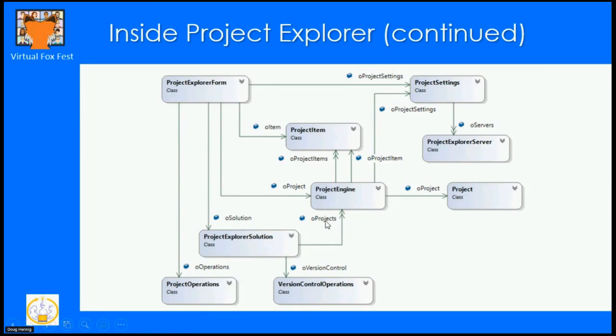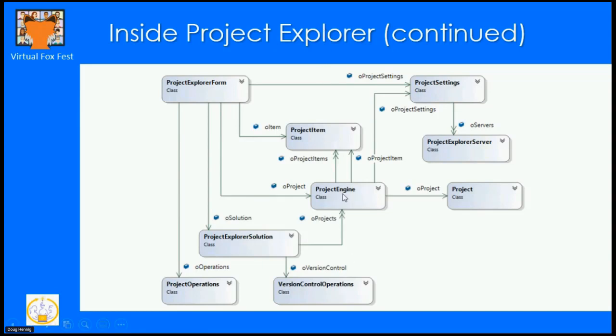It has an OProjects collection that is a collection of project engine classes or objects. Each one of these represents a project. So in this case, for example, my OSolution object would have two members in its OProjects collection, each of them being a project engine class, one for the demo 1 project and one for the demo 2 project.